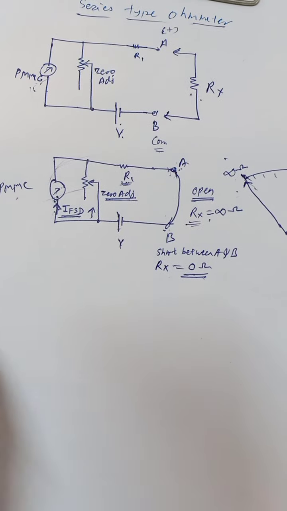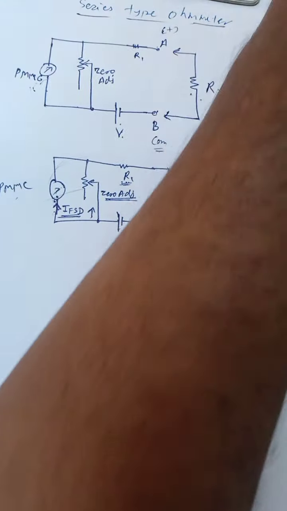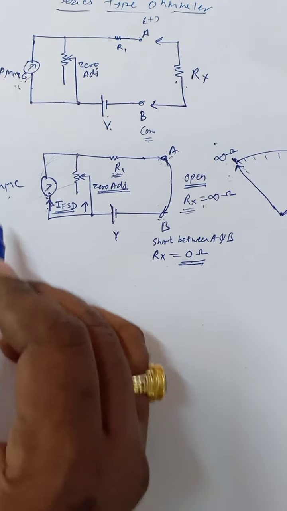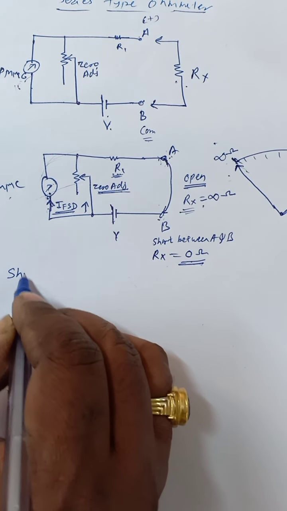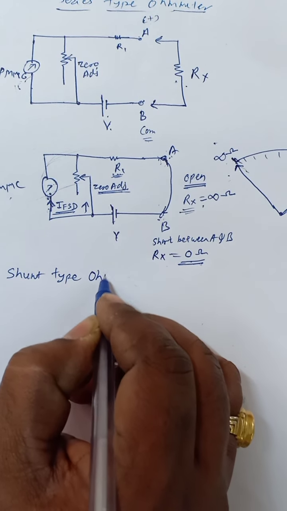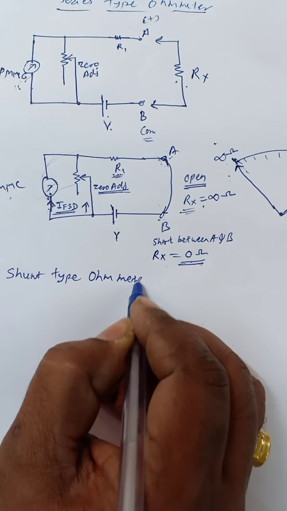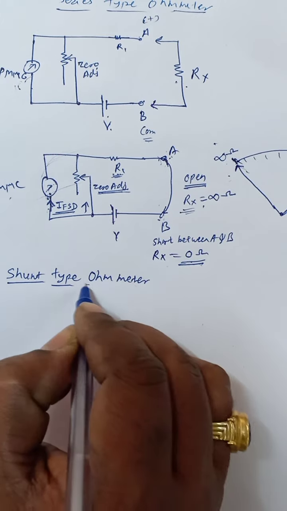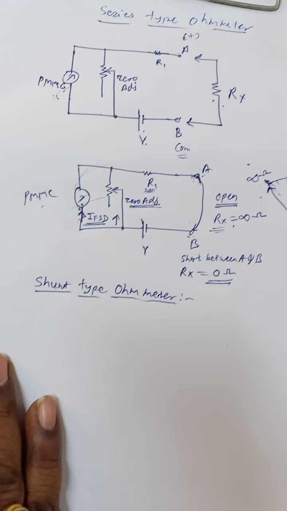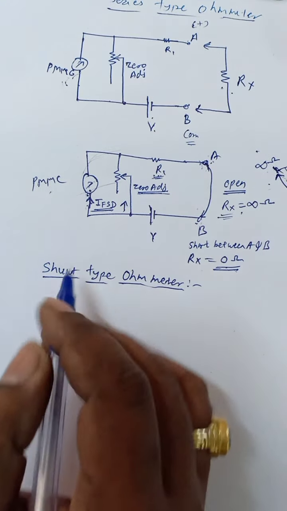Okay, so the next one is a shunt type ohm meter. Shunt means parallel.